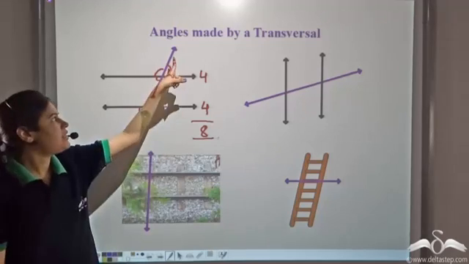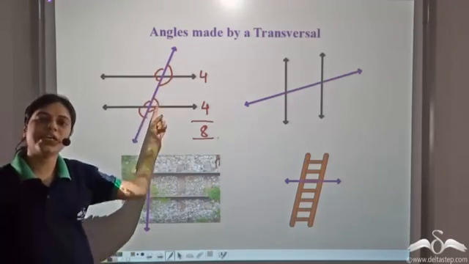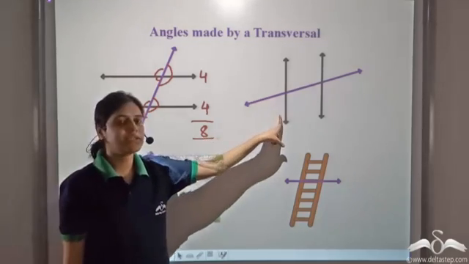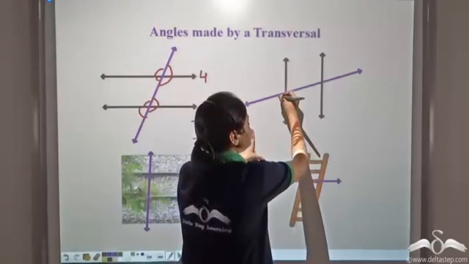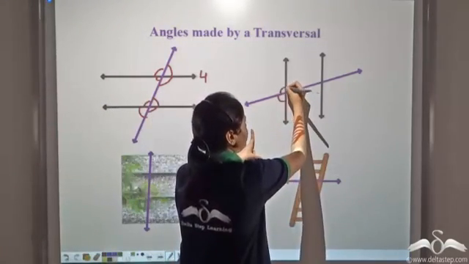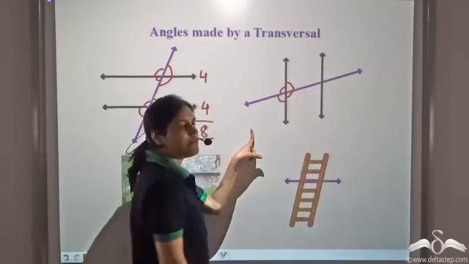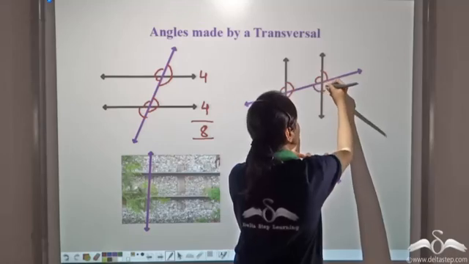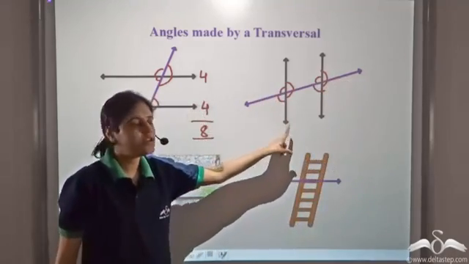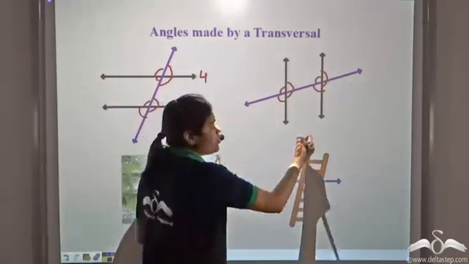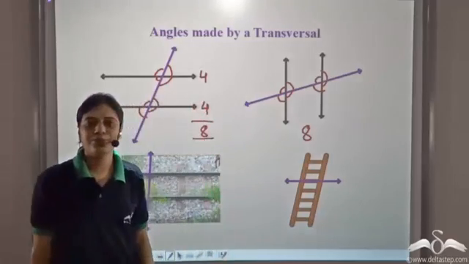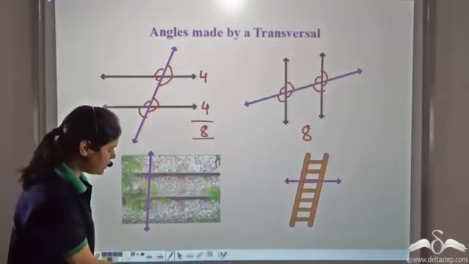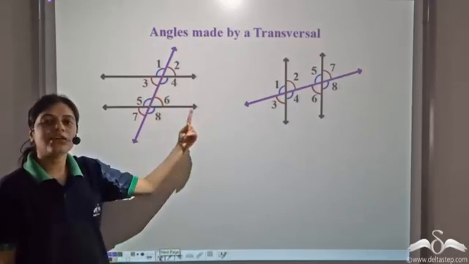So we see that when this transversal intersects two parallel lines, 8 angles are formed. What about this case? With this line, it forms 1, 2, 3, 4 angles. With this line, 1, 2, 3, and 4 angles. So in this case also, 8 angles are formed. So if a transversal intersects two parallel lines, 8 angles are formed.